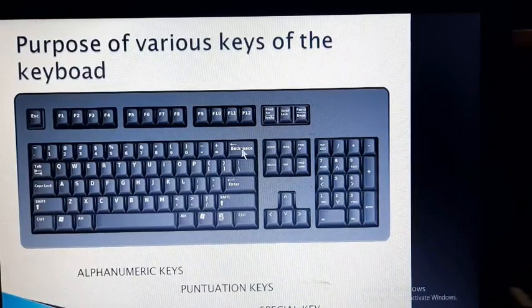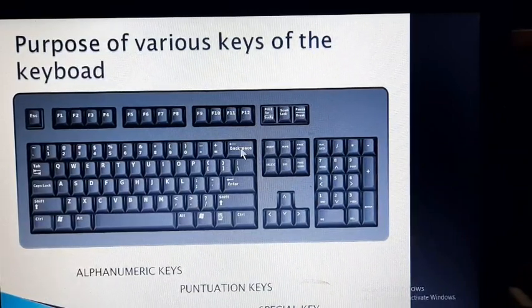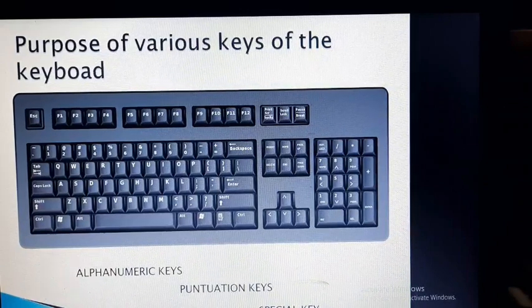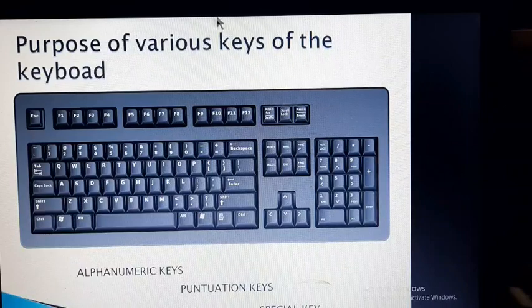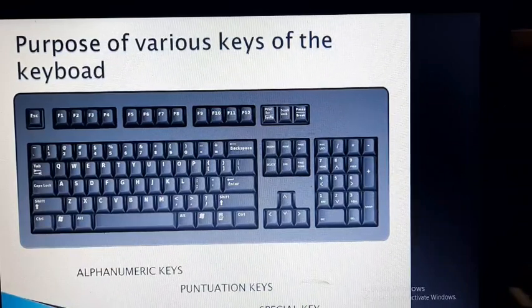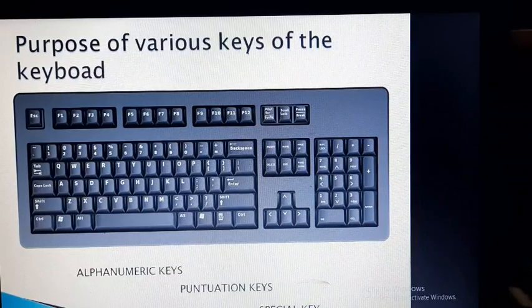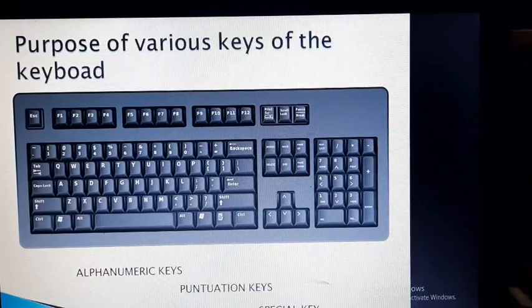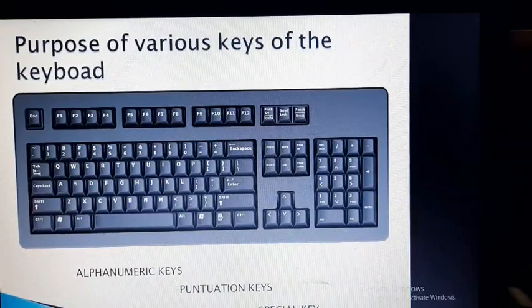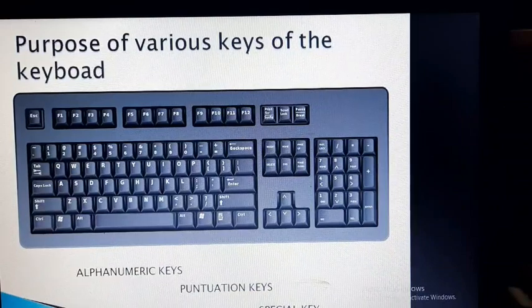Using the backspace key, we delete character just before the cursor, and using the delete key, we can delete character just at the right side of the cursor. It is also used to delete a group of words which is selected. Also used to select objects. The selected object we can delete by using the delete key.